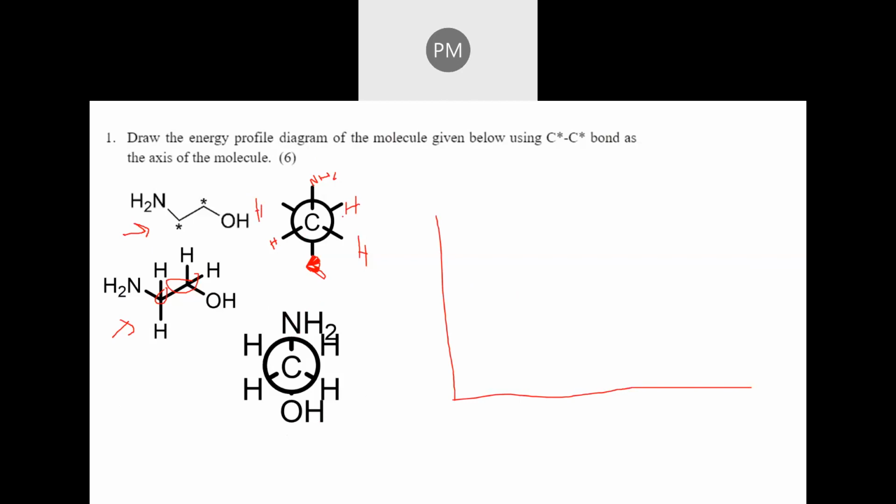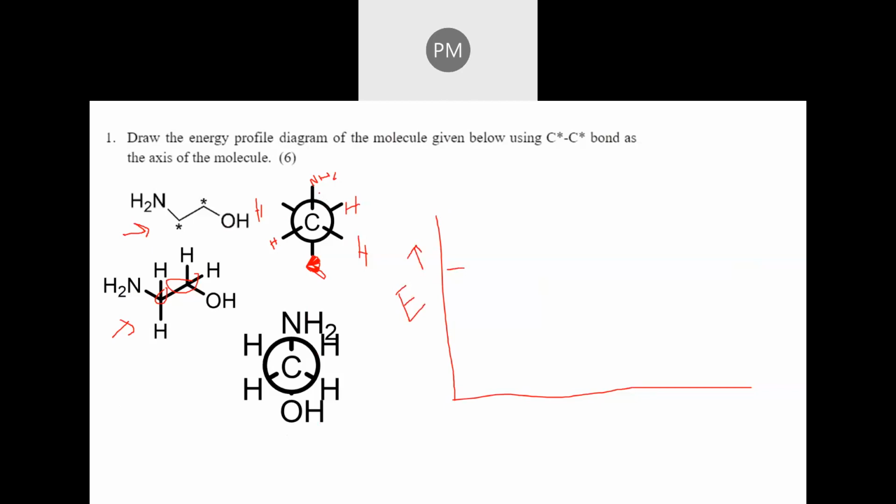So first we'll draw when the angle between this NH2 and OH is 0 degrees, and this will be the energy.